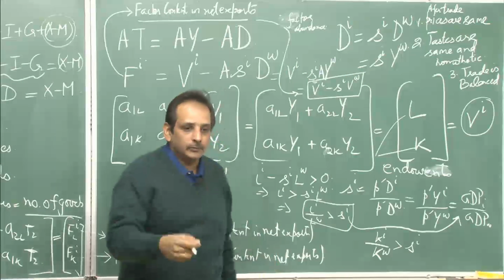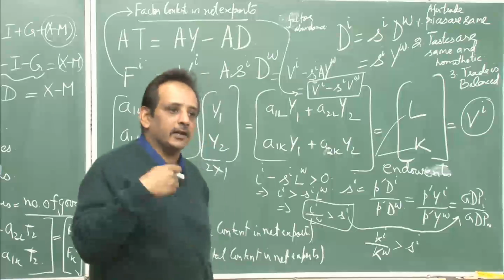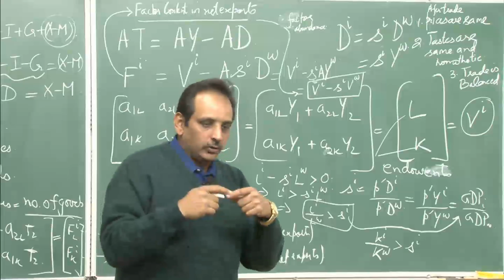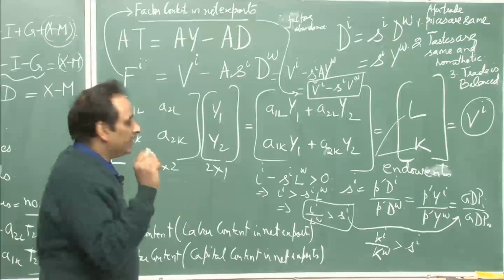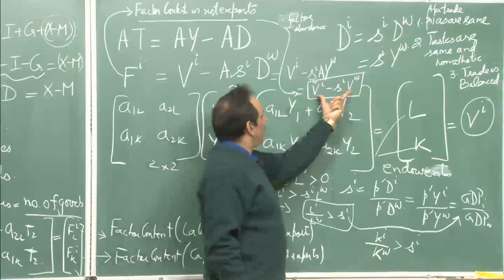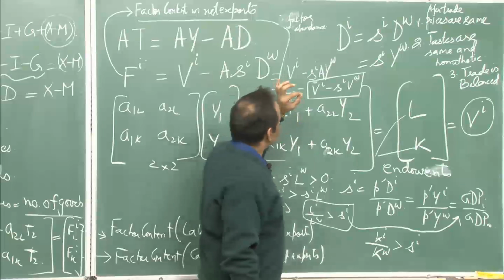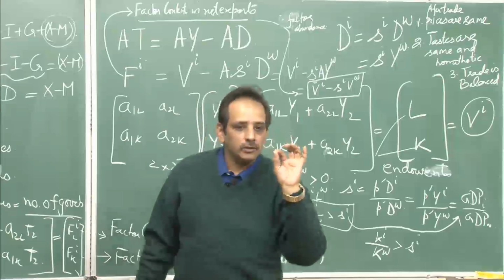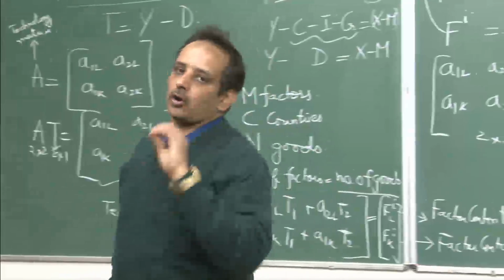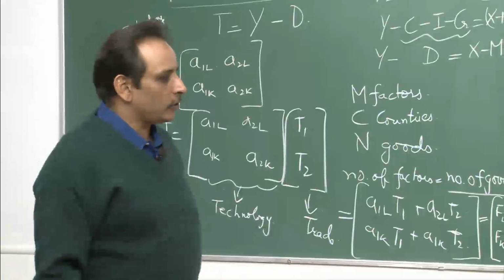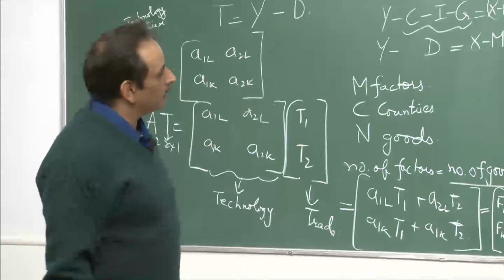Modification comes because now you assume that the technologies are different, and to take into account the different technologies, he redefined how you define factor abundance in the HOV model. He multiplied each endowment by its productivity. So, the contribution also came from Feenstra's work.